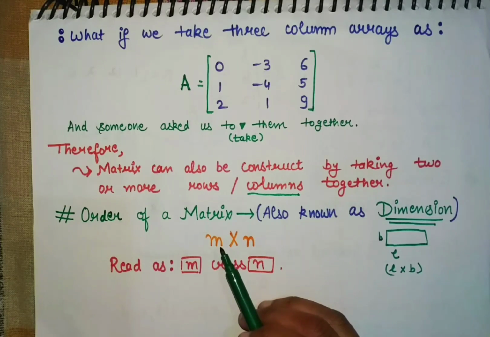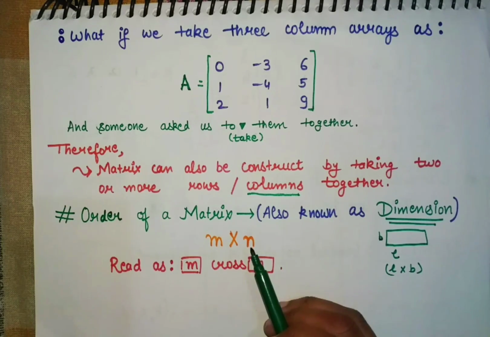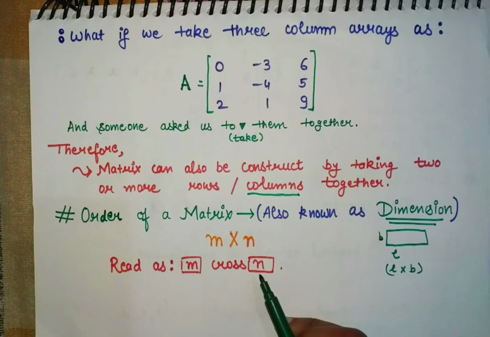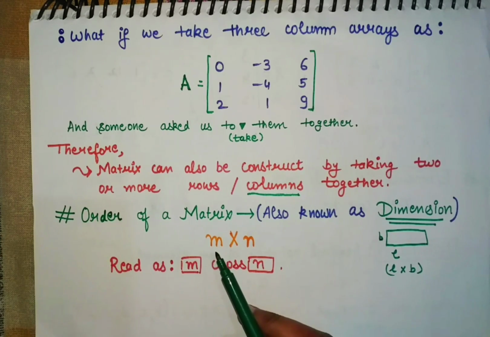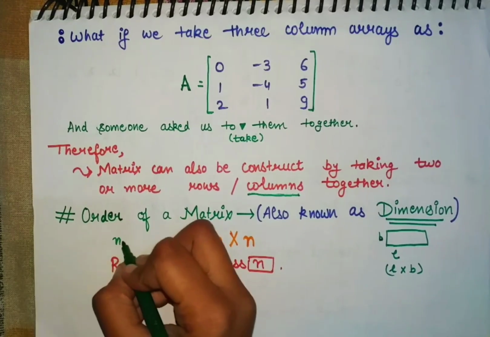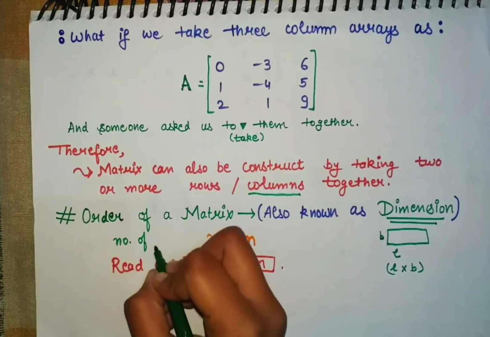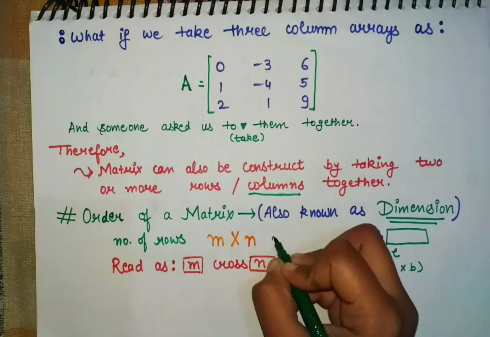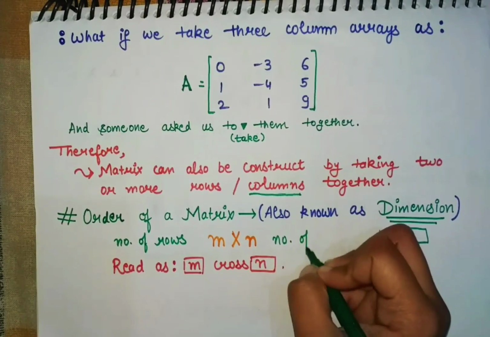It is denoted by M cross N. We read it as M cross N, where M is the number of rows and N denotes the number of columns.